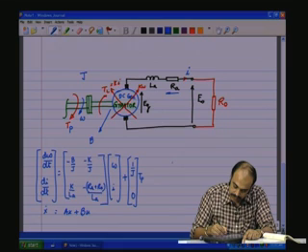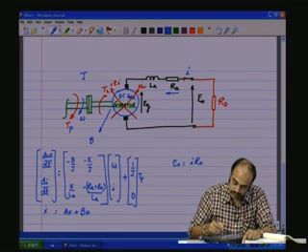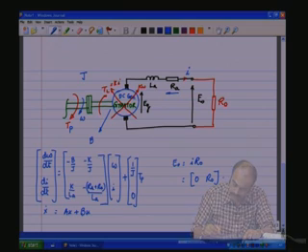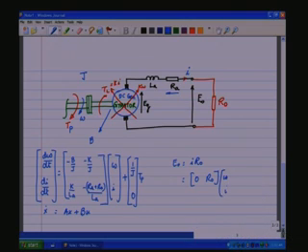Now, E naught is equal to i into R naught, which is equal to 0 R naught times the state vector omega i, plus 0 into Tp, that is, y equals Cx plus Du.